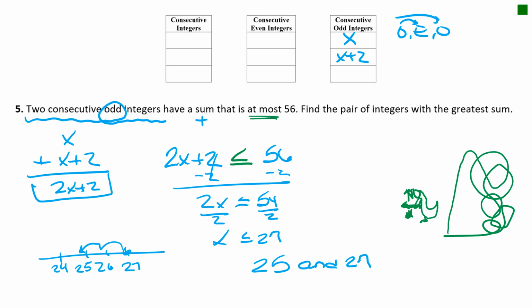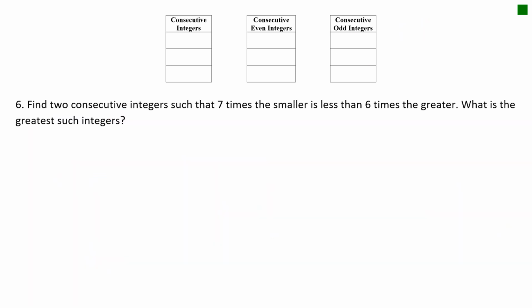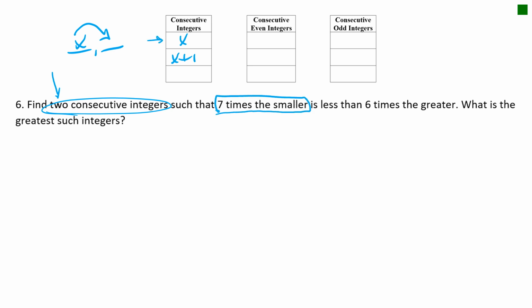Okay, next one. Find two consecutive integers. So I'm just consecutive, and it's just 2. So the first one's x. Remember, I just add 1 because when I'm doing consecutive, I just want to go to the very next. Such that 7 times the smaller. So which one's smaller? This one's smaller, right?